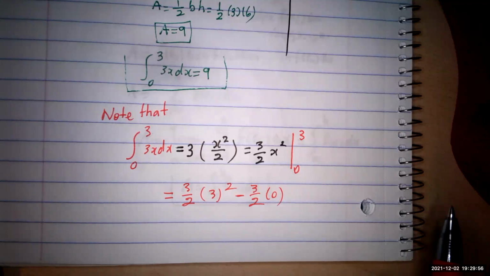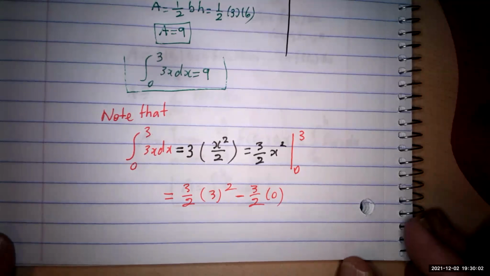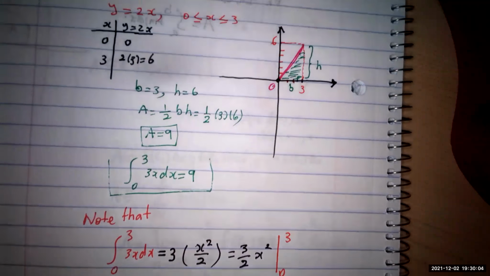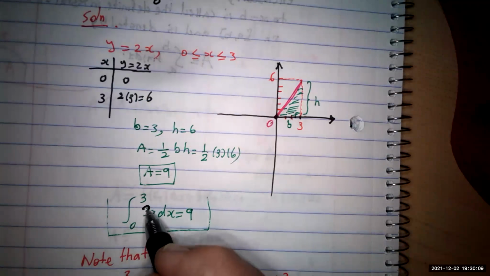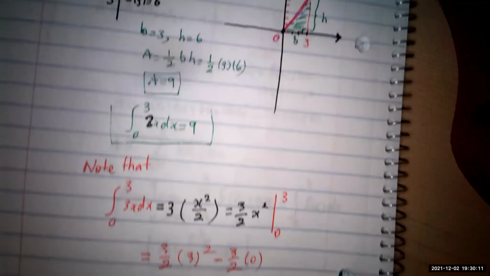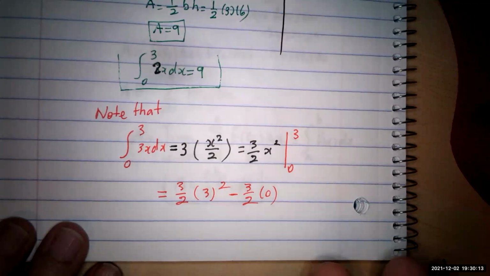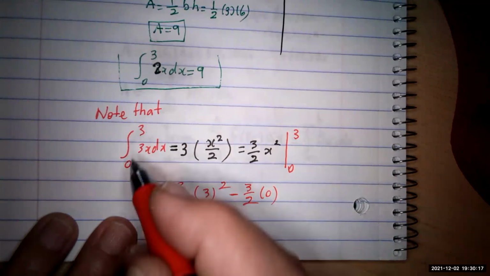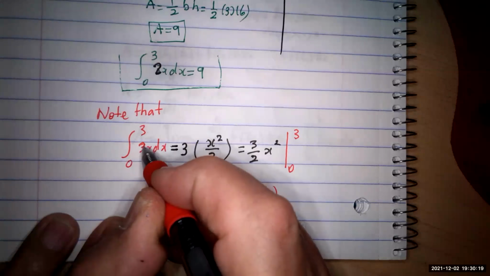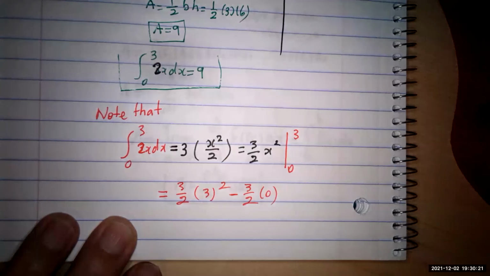Oh, excellent, very good one. Yes, you are right. Thank you. The original one was 2x. Otherwise, I cannot give you the motivation over here. Excellent, thank you. That's a 2, and this is going to be 2.